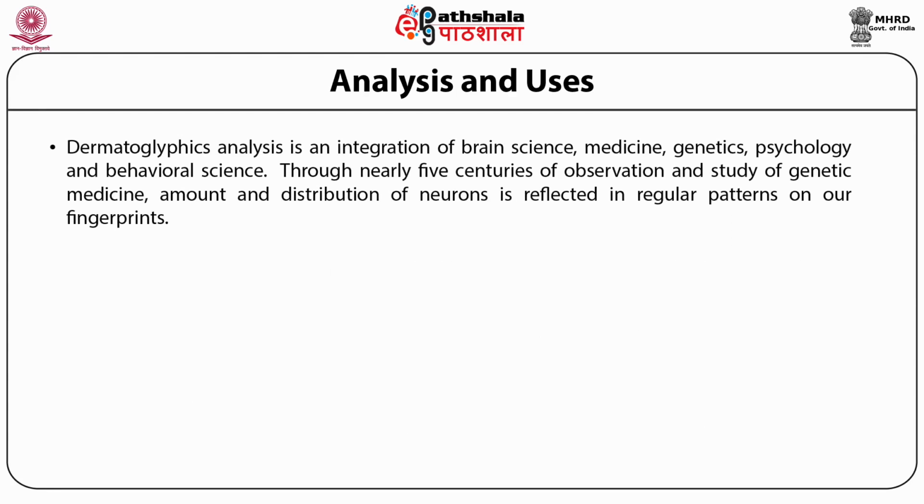Dermatoglyphics analysis is an integration of brain science, medicine, genetics, psychology, and behavioral science. Through nearly 5 centuries of observation and study of genetic medicine, the amount and distribution of neurons is reflected in regular patterns on our fingerprints. According to European and American experts, fingerprints show different kinds of characteristics.